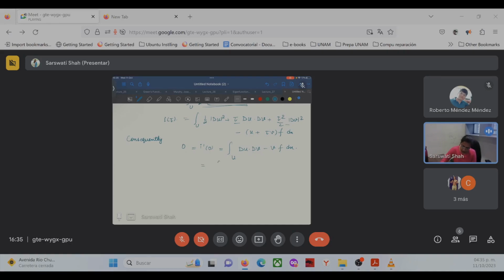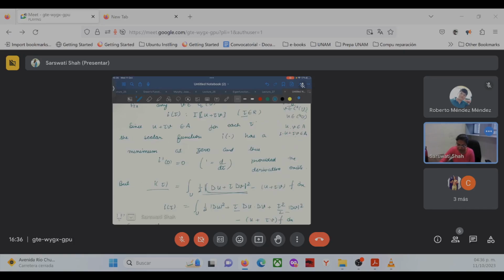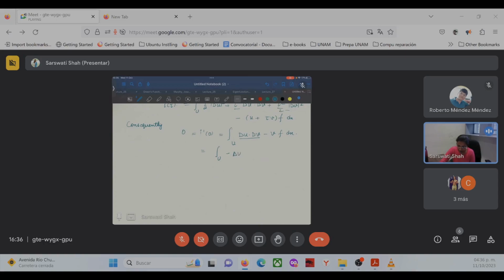And this is equal to the integral of u. This can be written as minus the Laplacian of u times v minus f v dx.